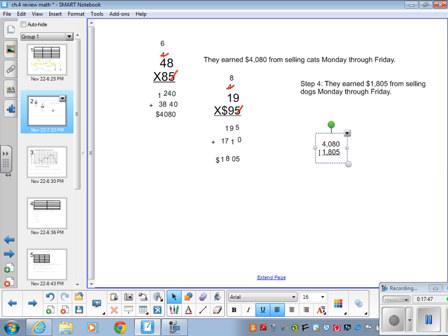Once you're done adding, come back and check to see if you have the same answer as Ms. Rosenberger. Alright, welcome back. Let's see if you had the same answer. 5 plus 0 is 5. 8 plus 0 is 8.